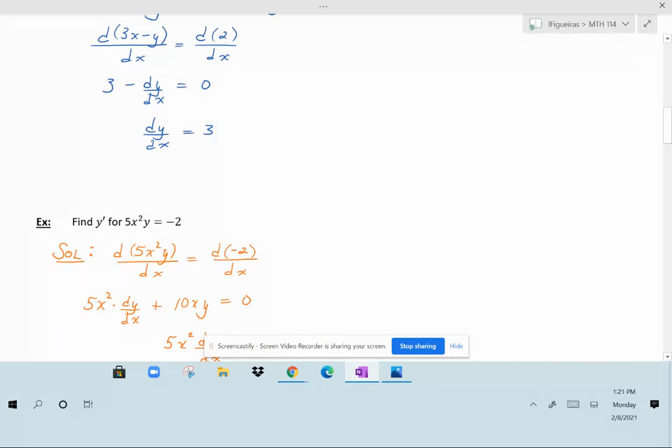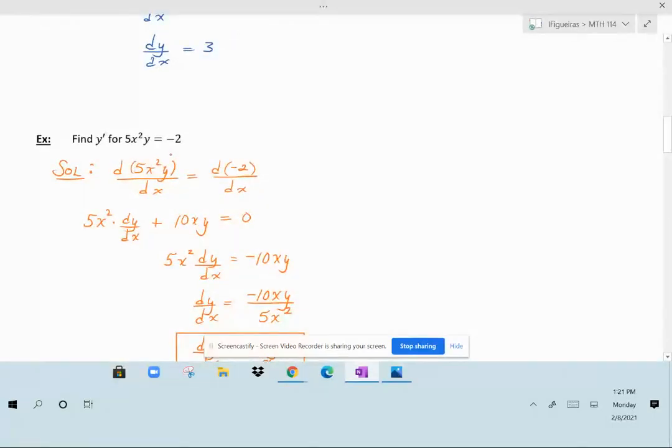On the left side, I have to apply the product rule because this is the product of two variable expressions. So I have f g prime, that's 5x squared dy dx, plus f prime, which is 10x, times g, which is y. And on the right side, the derivative of a constant is 0, so that all equals 0.